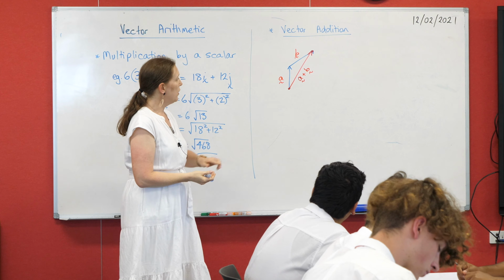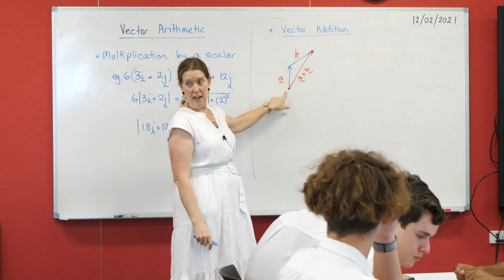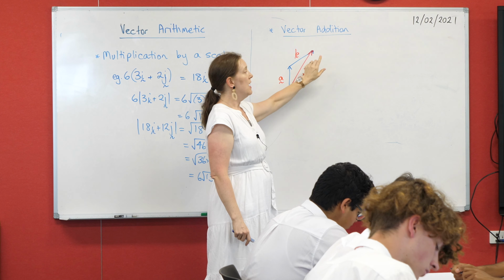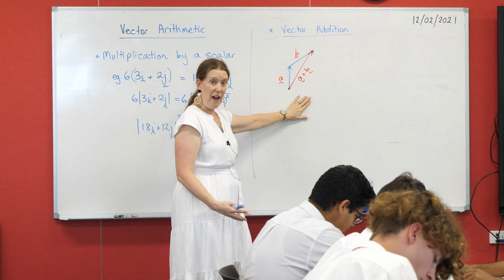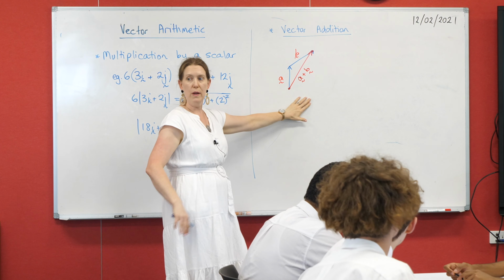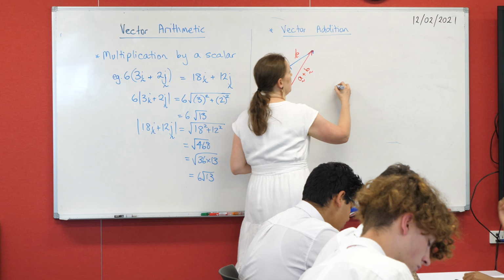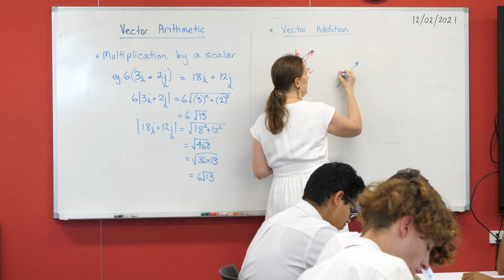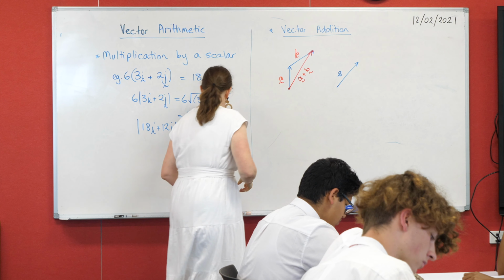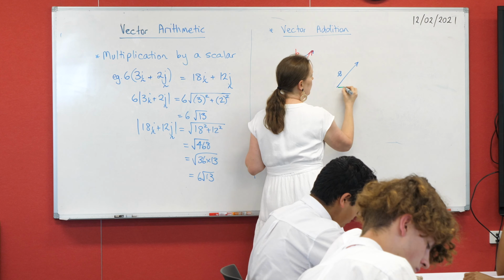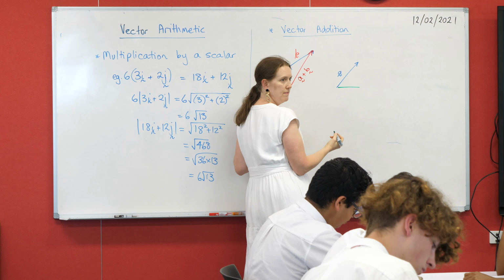A couple of things to note. Tails start with tails, and we end up heads to heads. Now, I want to show you graphically why this works, and then we will look at our other two forms. Graphically, if I started with my vector A, in the I component direction, I travel this distance.